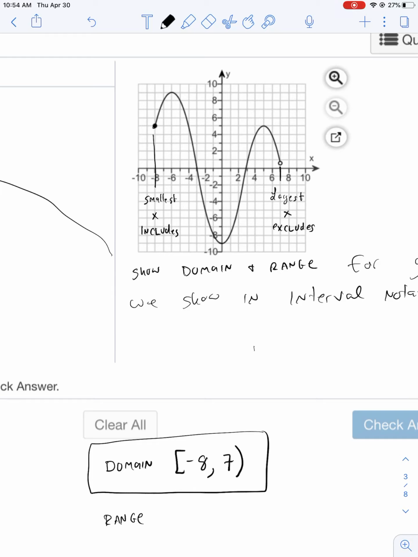Now let's take a look at our range. Smallest y value is right here. It hits -9, so it includes.